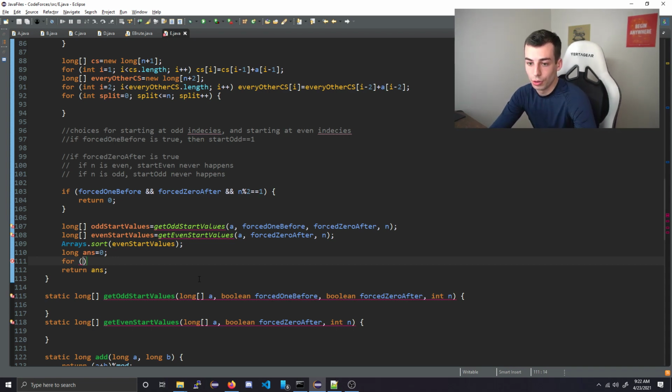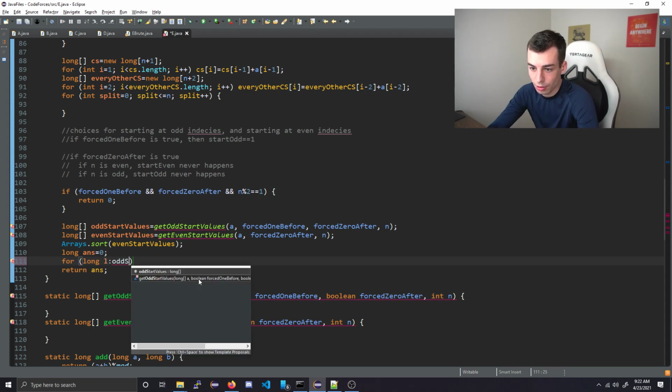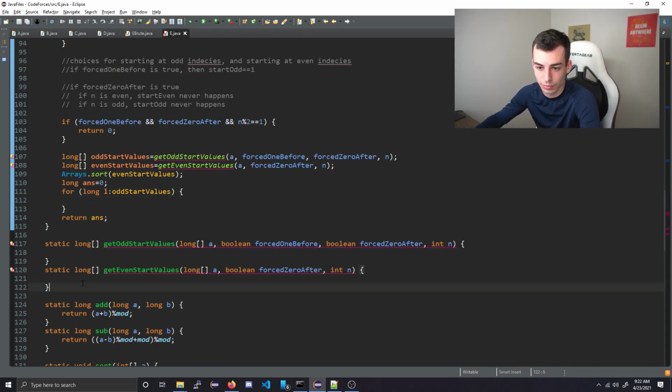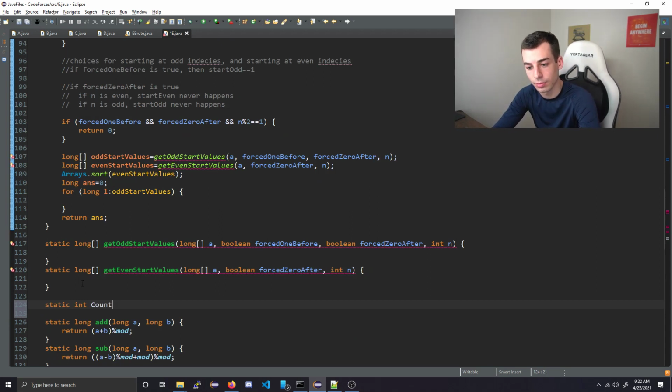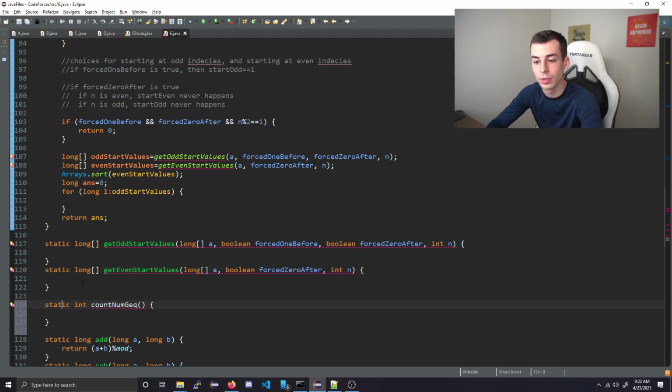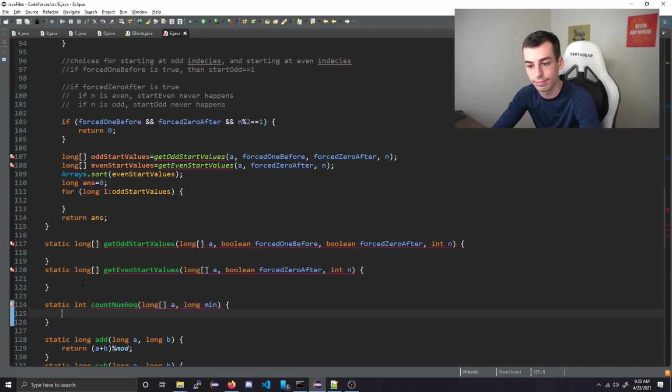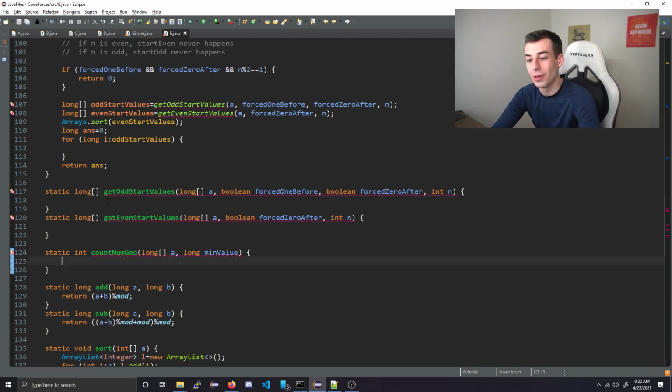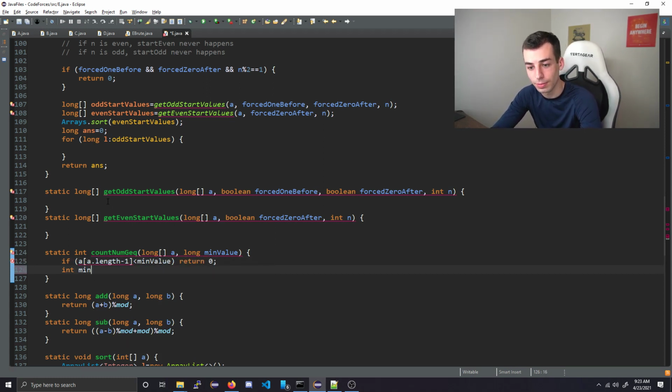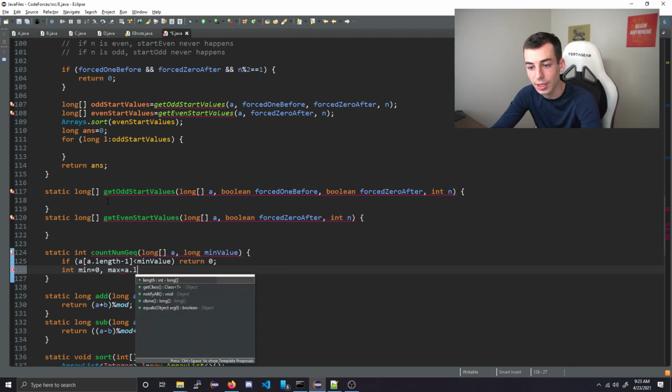Okay. So for long odd start values, long array A, long min. If A at length minus 1 is less than min value, return 0, max equals A.length minus 1.